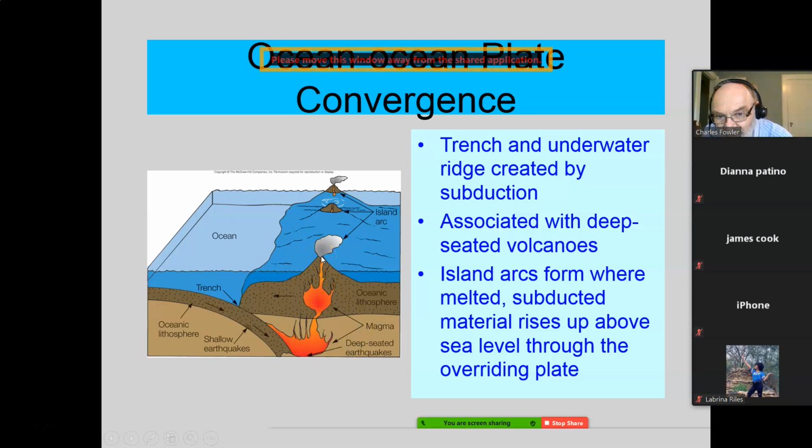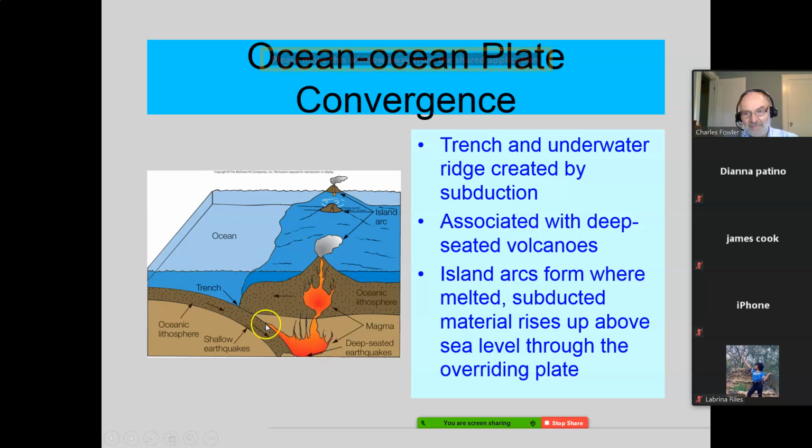Where they break the surface, you have underwater volcanoes all along here, but every now and then they'll rise up above the surface, keep growing. These form those island arcs that you see in the Pacific. Largely, you see a few in the Atlantic as well, mostly in the Pacific, some perhaps in the Indian Ocean as well. Okay.